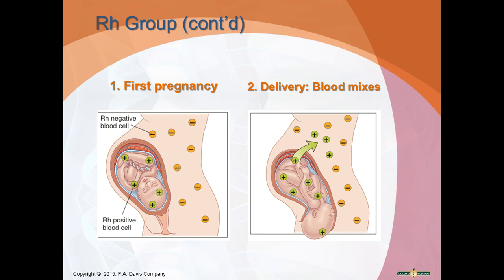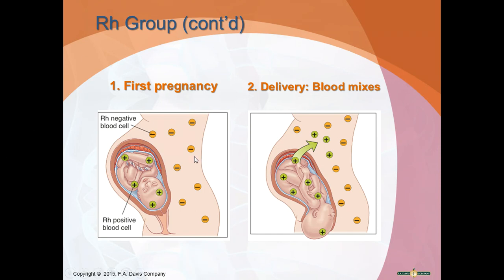The first pregnancy with an Rh positive fetus will proceed normally. During delivery or miscarriage, the fetus's blood mixes with that of the mother, thus introducing Rh antigens into the mother's bloodstream. So the first baby is not affected, because the Rh antigens haven't gone into the mother's bloodstream yet, so she hasn't developed antibodies.